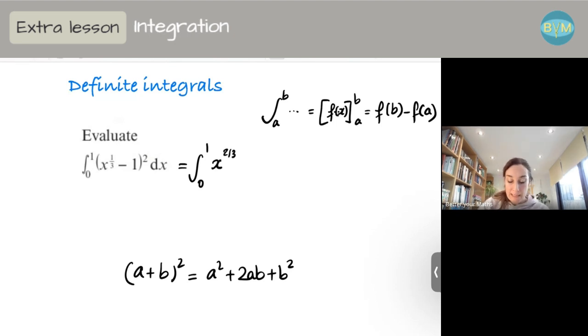Then if I have a minus here, this is going to be minus 2 times x to the power of 1/3 times 1, and then plus the last one squared. I'm just expanding the bracket in a faster way than multiplying all the terms and simplifying after. And now we can integrate.